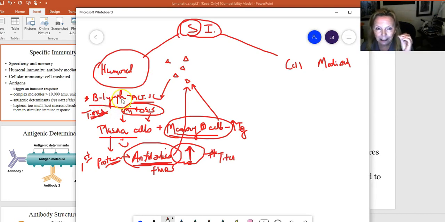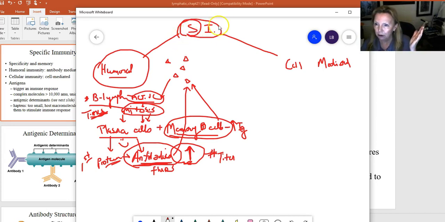They have the ability to become activated, undergo mitosis. The first time they're exposed, become plasma cells that put out very specific antibodies. As soon as these protein numbers start to go up, the titers start to go up, they're attacking the foreign antigens, and your signs and symptoms of the disease are going away.